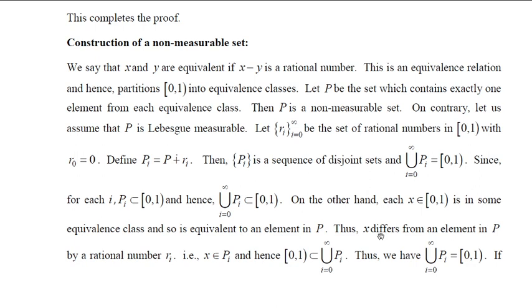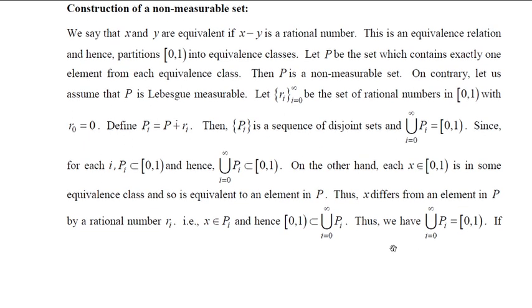So that means X differs from an element in P by a rational number Ri. That is, X belongs to Pi. X belongs to Pi, but X is an element from this. Therefore, it belongs to this union. So we have proved both of them. Hence, this result is true. That is, the union of Pi is nothing but the half closed half open interval [0, 1).